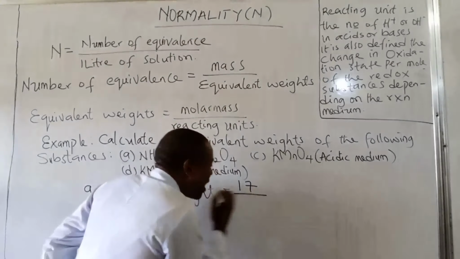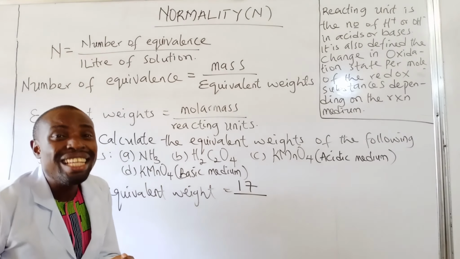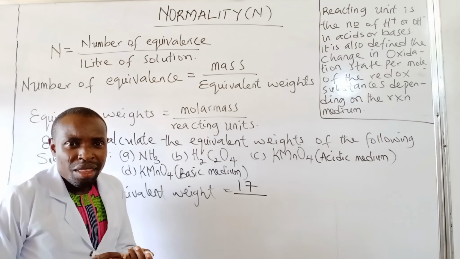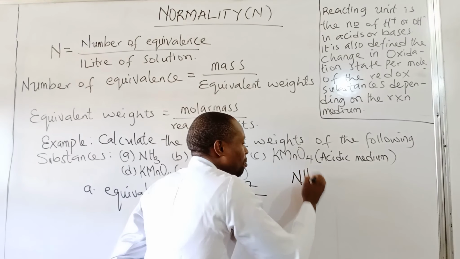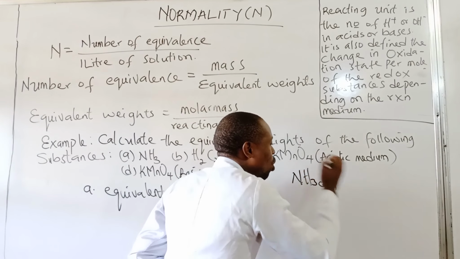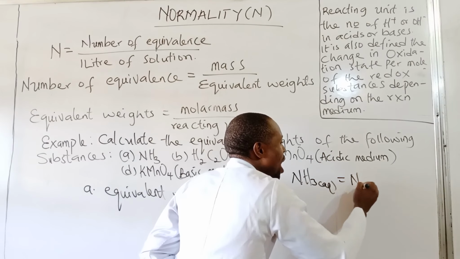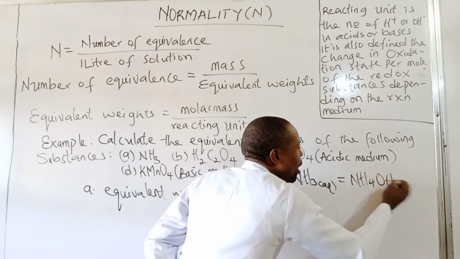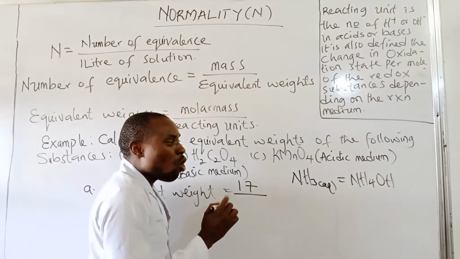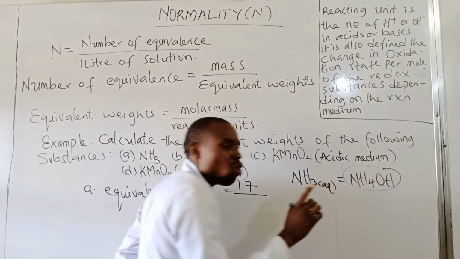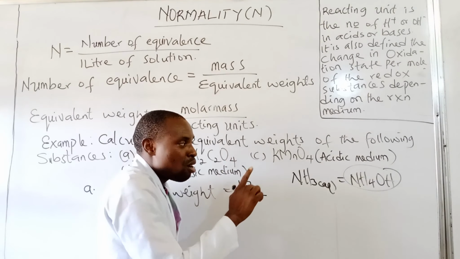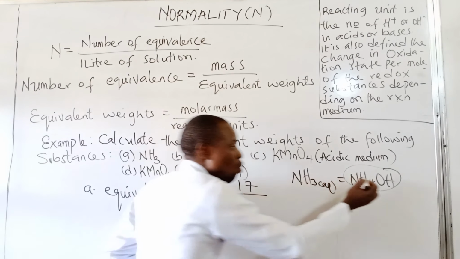Now, divided by the reacting unit. Remember that ammonia is a base, which in an aqueous medium is NH4OH. When this dissociates, the number of hydroxide ions will be 1.